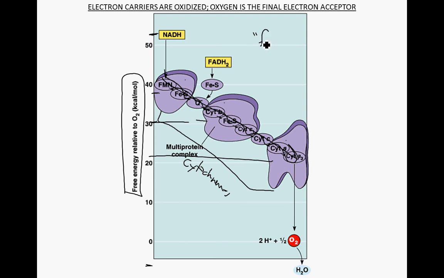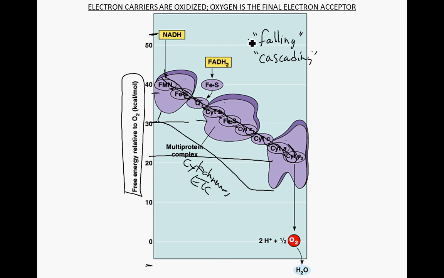So sometimes you'll hear or read that the electrons are falling down a gradient, that they are cascading down an energy gradient through the electron transport chain. So this is electron transport chain.